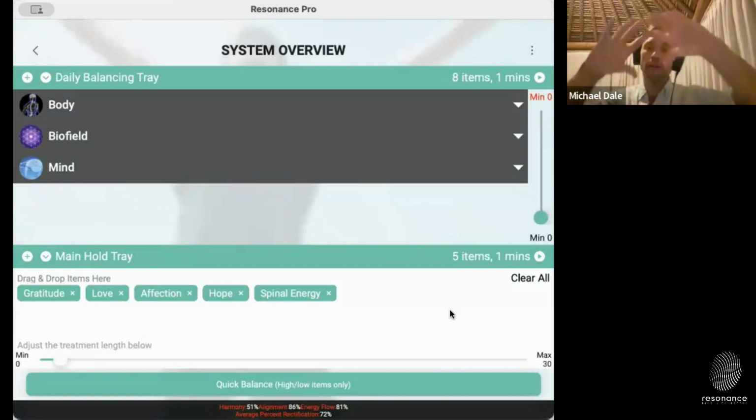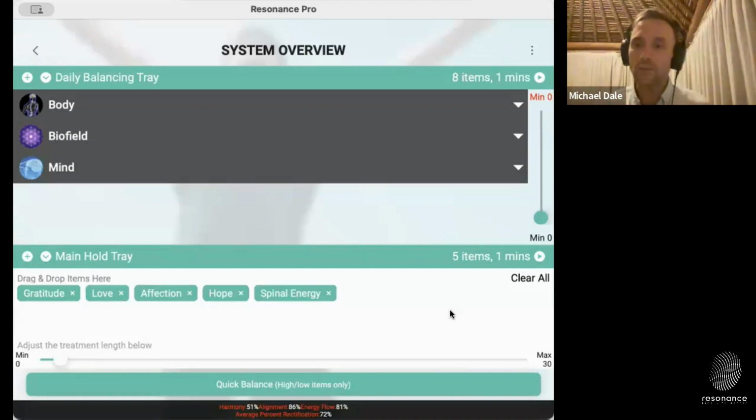And we've added those along with their spine to finish off the session and give them a really deep experience of the emotional side of what they're looking for, as well as the physical side of what they're looking for. But again, you can collaborate with your client and say to them, well, we could do another general balancing, or we could do another focus of the daily balancing tray.